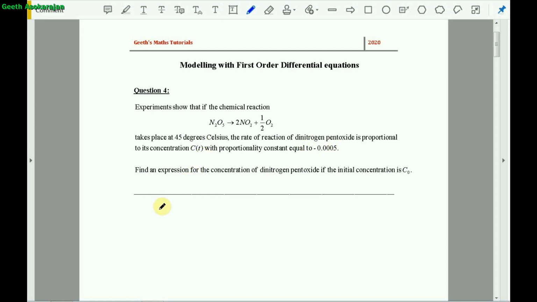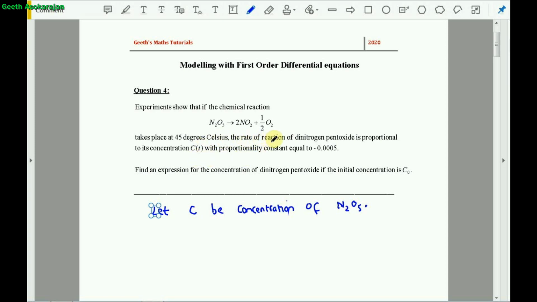It's already stated in the question, but anyway, let C be the concentration of dinitrogen pentaoxide, N2O5. And using this letter which has been assigned to us, let's create a differential equation.